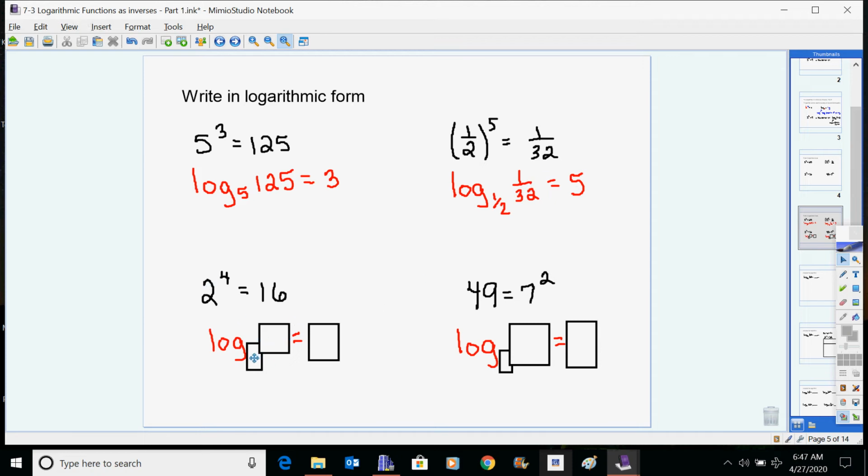Log base 2 of 16 equals 4. And log base 7 of 49 equals 2.